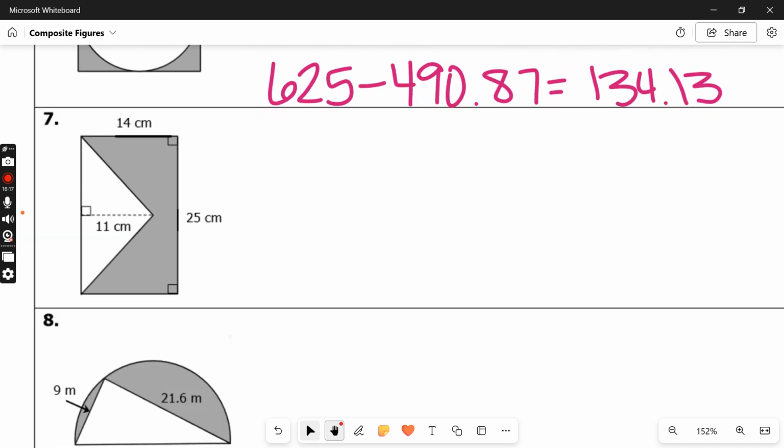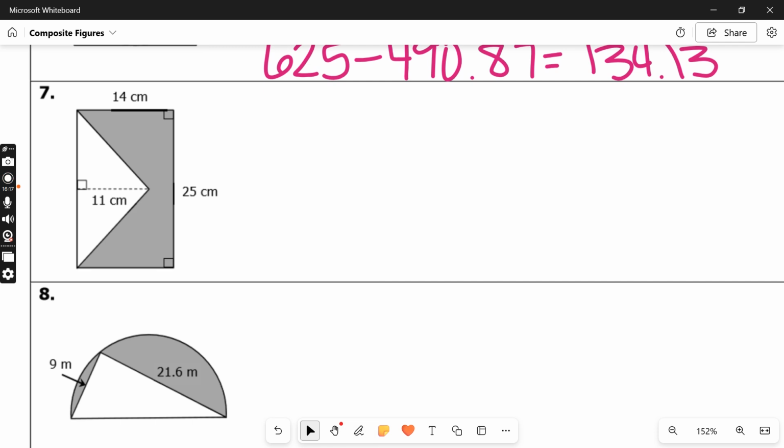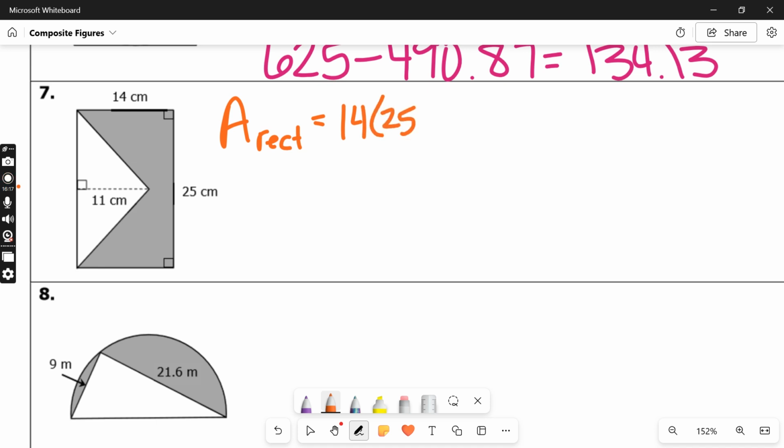Number 7, we have a rectangle and we're taking a triangle out of it. So I'm going to start by finding the area of the rectangle. Area of a rectangle is base times height, or length times width. So I'm doing 14 times 25, which is 350.